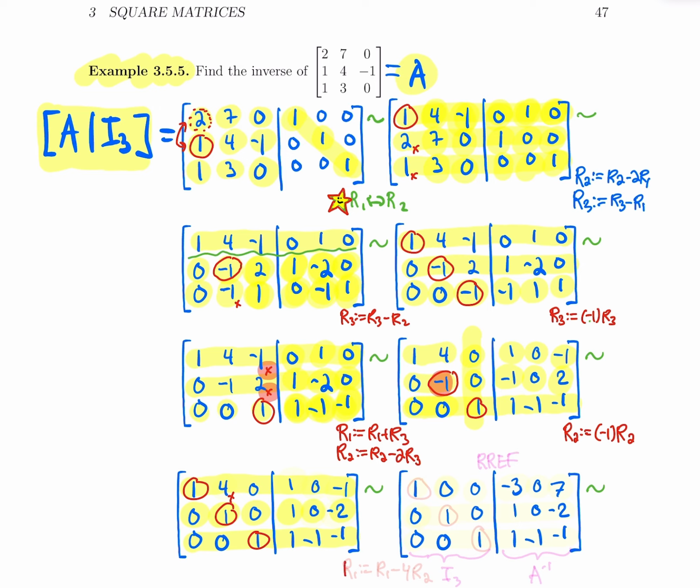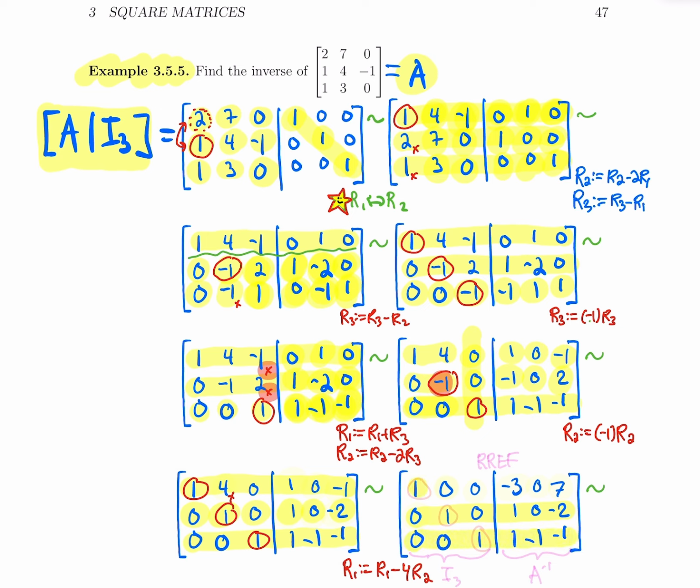So let's go row 1. Let's get rid of that 4 with row 2. So row 1 will be row 1 minus 4 times row 2. And now here we go. You can see here, I'm not touching row 2. I'm not touching row 3.